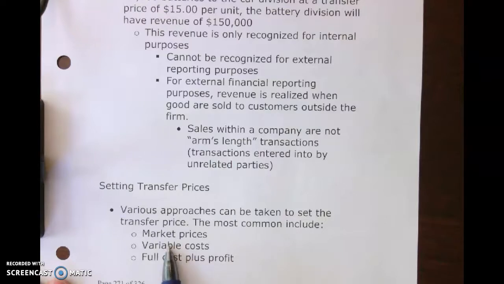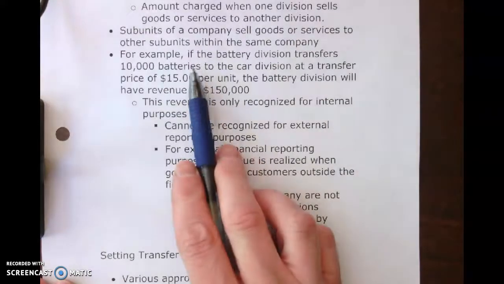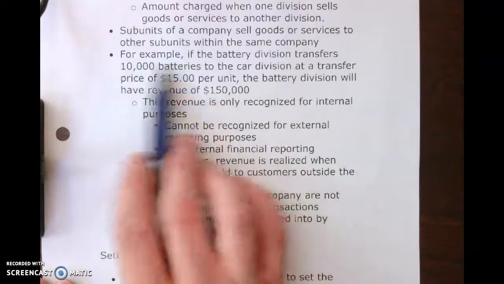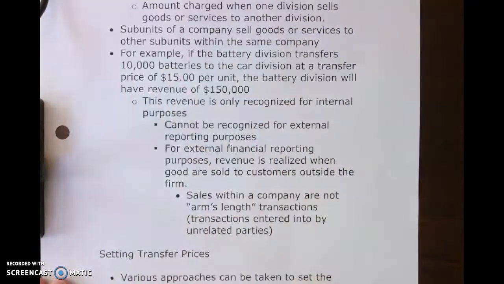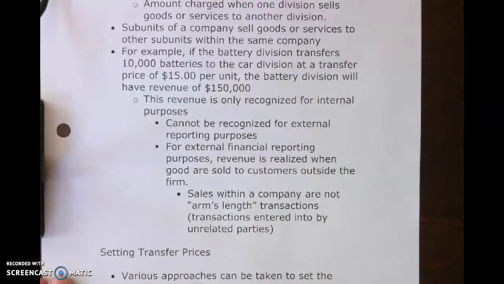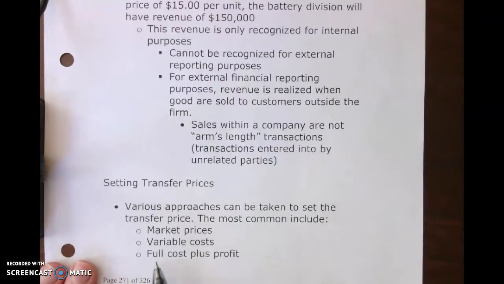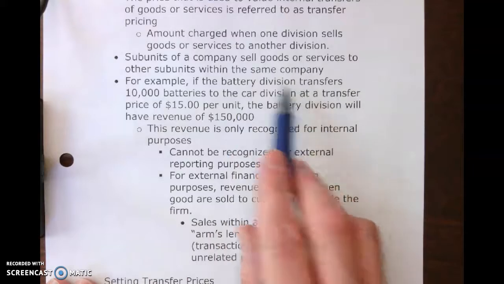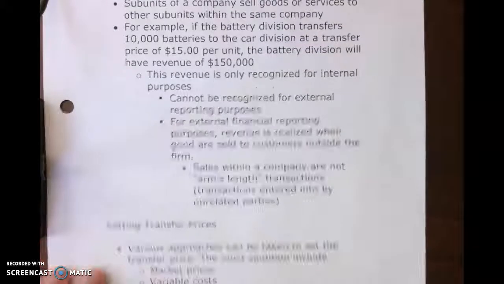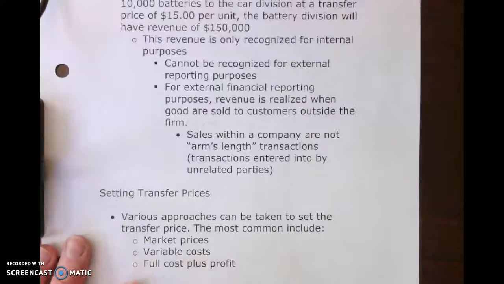One option would be the variable costs. So the battery division could say our variable cost per unit was $5, and so that's what we're going to charge the car division, simply the variable costs of making those batteries. The other option would be to do the full cost plus the profit. Now, full cost, remember, includes the variable cost plus the fixed cost plus some profit. I'm sure the battery division would like to do that, but the car division may push back because obviously that will be a higher price than simply the variable cost.